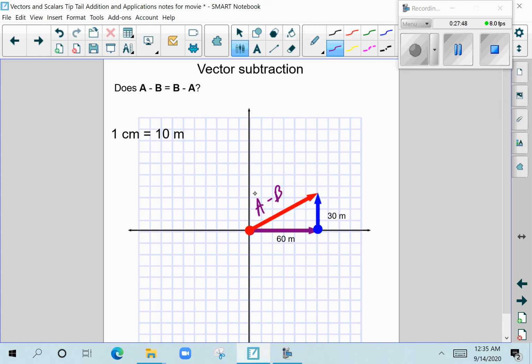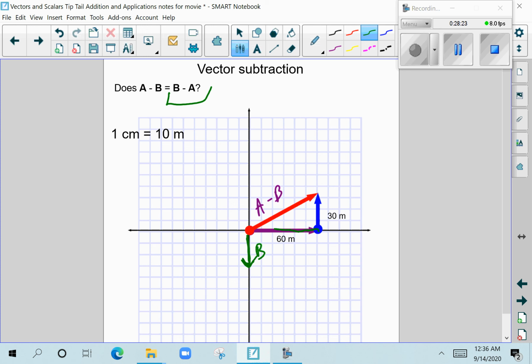But if I want to do B minus A, I would actually have to draw out my vectors in this particular order. This one, I should say, really is B plus the opposite of A. So B was really 3 along the negative y-axis, and A was really 6 along the positive x, so this would be 6 along the negative x.